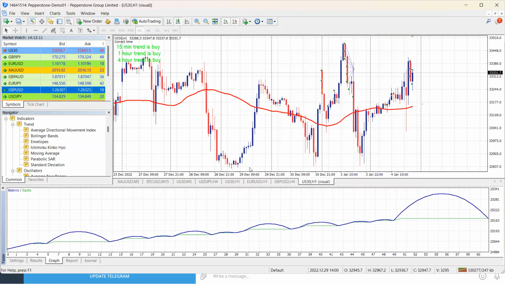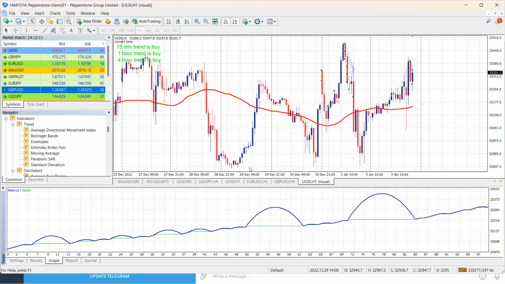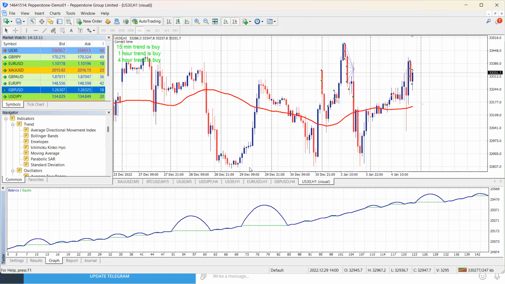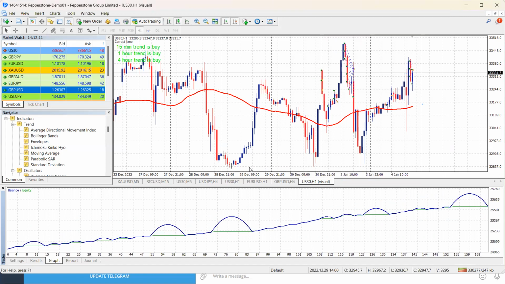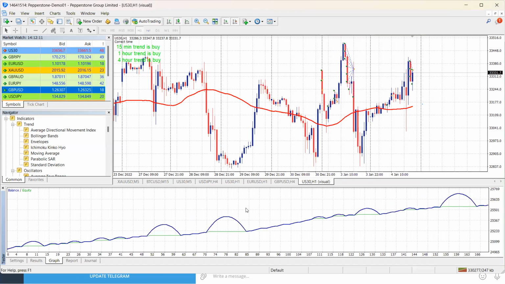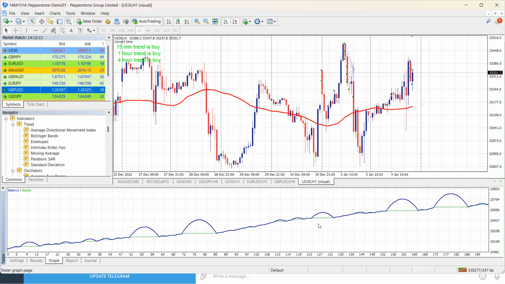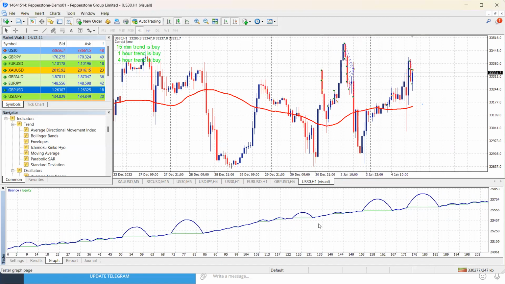So the drawdown now will only end up being about 3%, but we'll only make 10 or 11% profit.